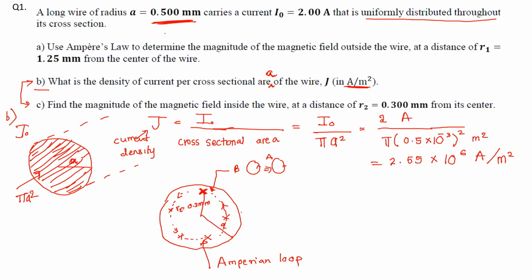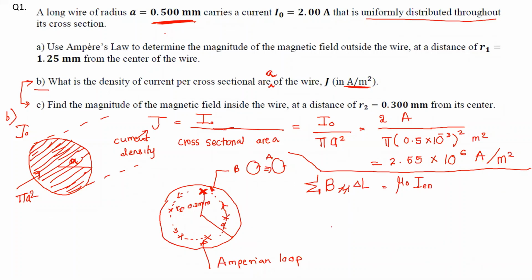So my Amperian loop is here. Now let's try to apply Ampere's law. So I'm rewriting the equation. I didn't do anything yet, I just wrote the equation.